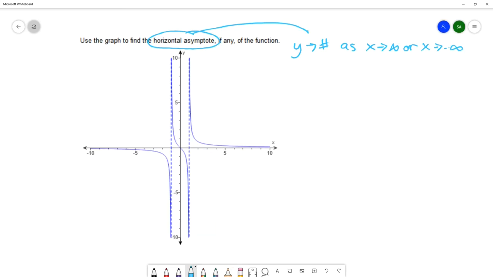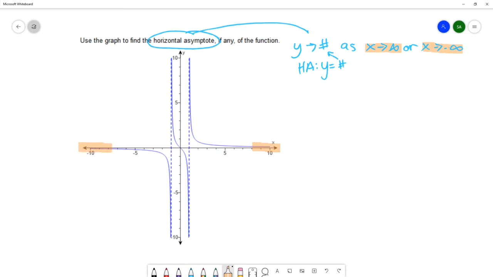And whatever that number is that y is approaching is going to be the location of the horizontal asymptote. So y equals whatever that number is. As we look at our picture, because we're looking for x to be at infinity or negative infinity, we're looking at the ends of the graph.